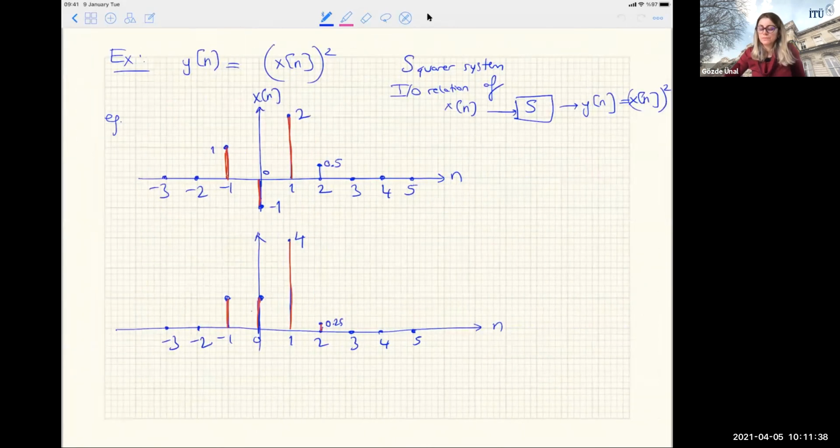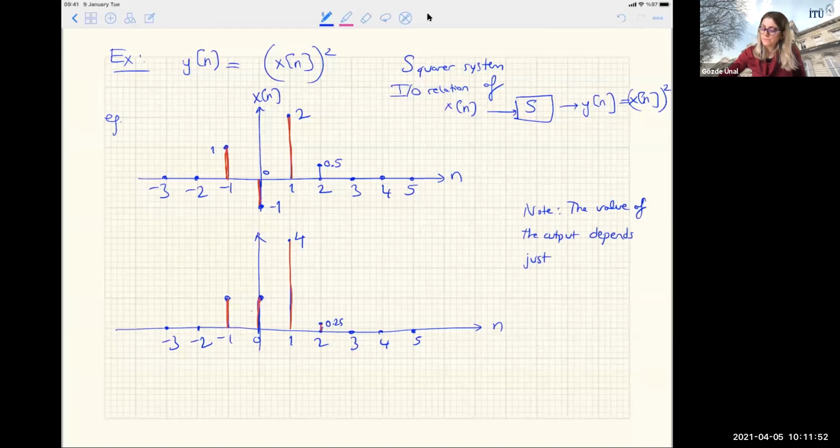And this is also, it just depends. The value of the output, note here, depends just on the value of the input at the same time point, right?